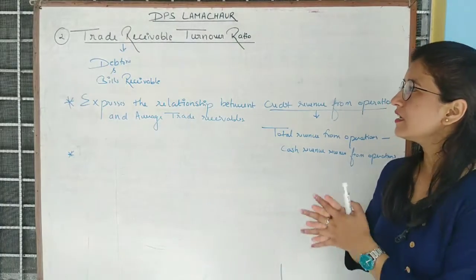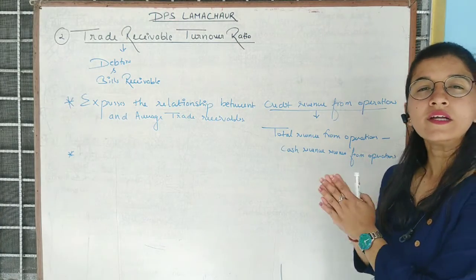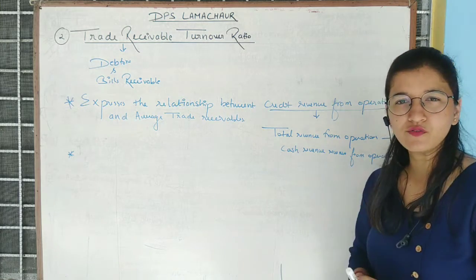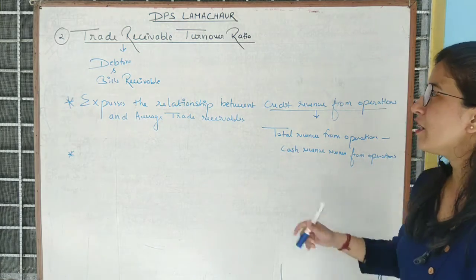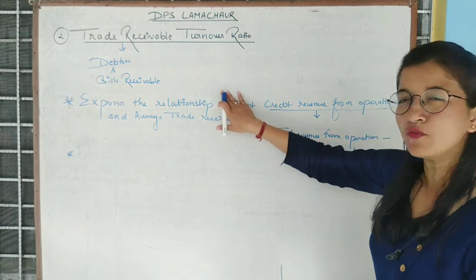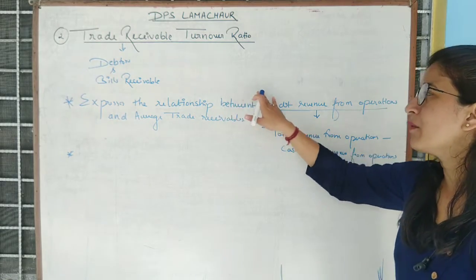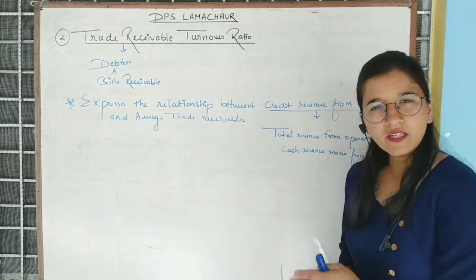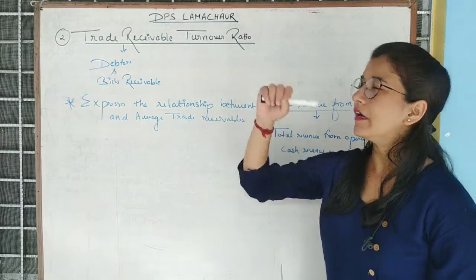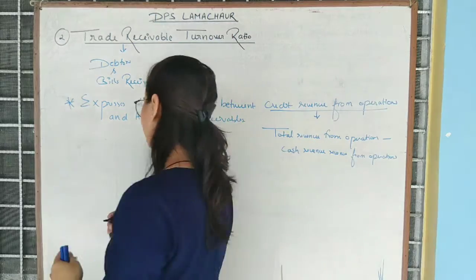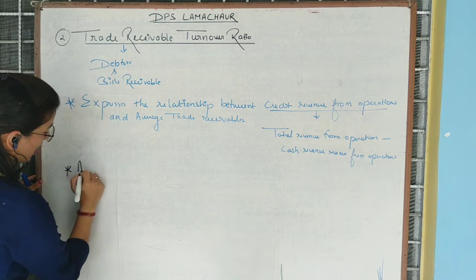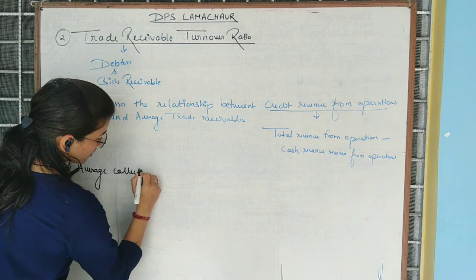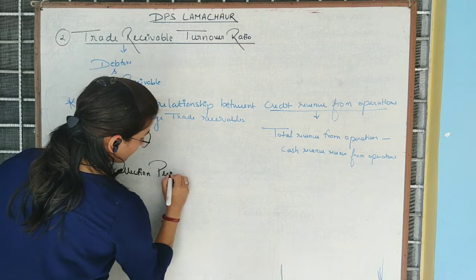Now while calculating trade receivable turnover ratio, it is important to note that the debtors will be taken before making any provision for doubtful debts. That means if debtors is given and provision for doubtful debts is given, then we will subtract provision for doubtful debts from debtors. Now there is another term which is to be calculated under trade receivable turnover ratio, which is average collection period.